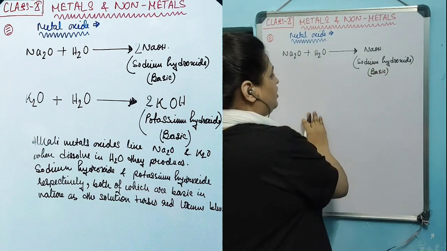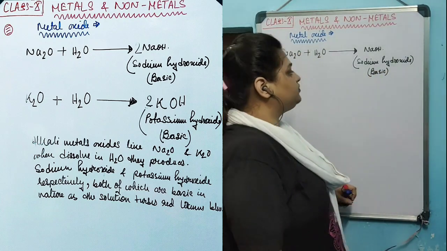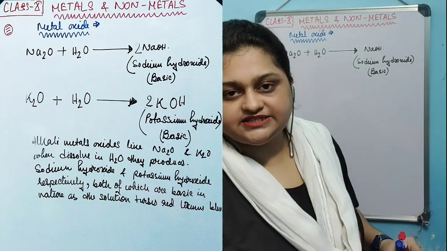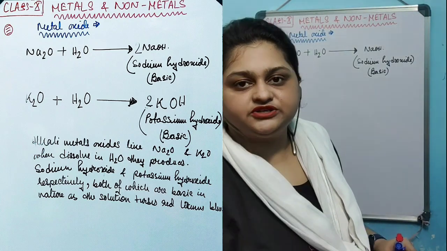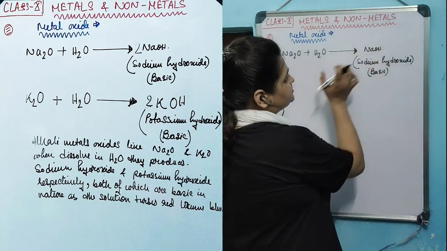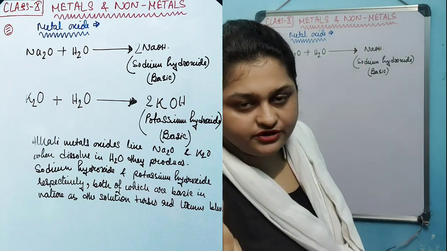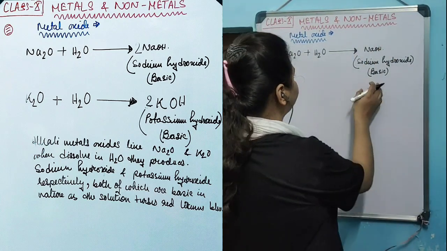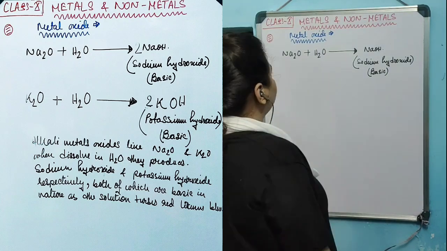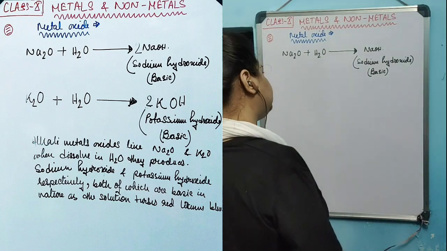That is the reason why the aqueous solution of Na2O is basic and turns red litmus paper blue, because it forms sodium hydroxide, which is a base. The aqueous solution of sodium hydroxide is basic in nature.